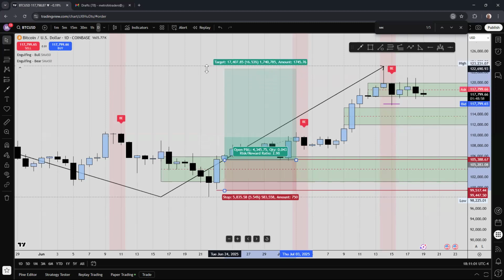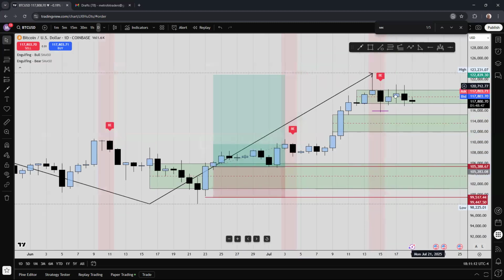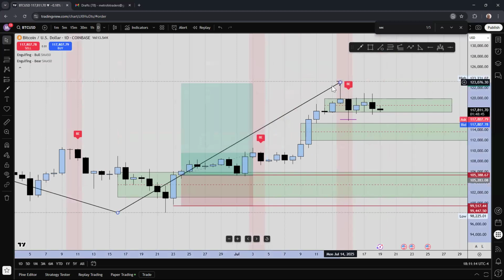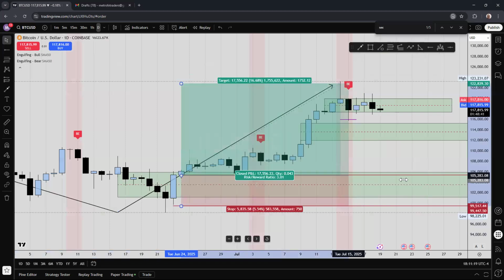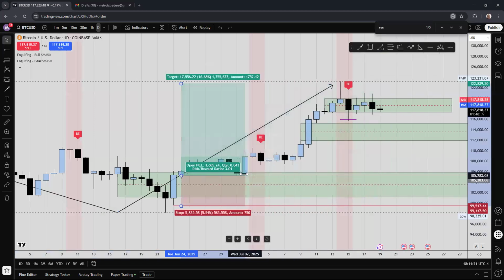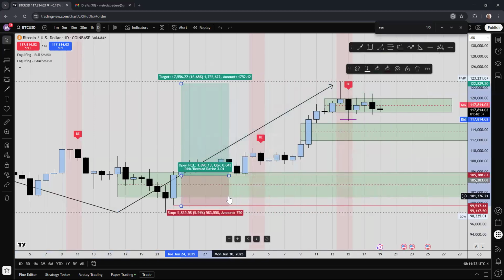So that's 1 to 3, because if you look right here, this particular wick would have definitely got you the profit you're seeking from a 1 to 3 ratio.